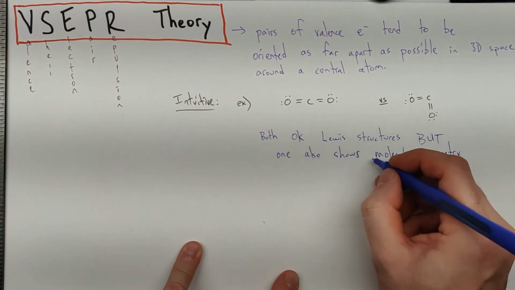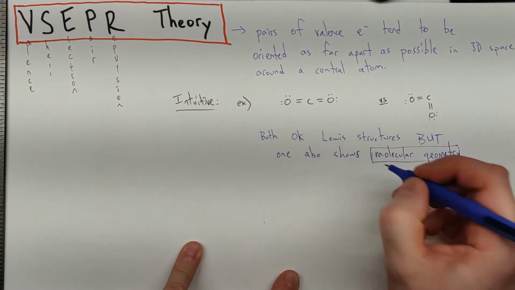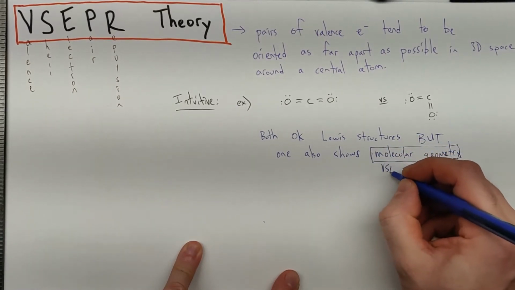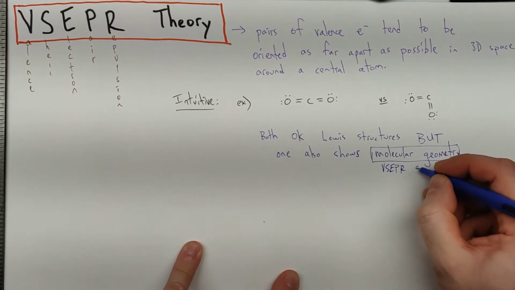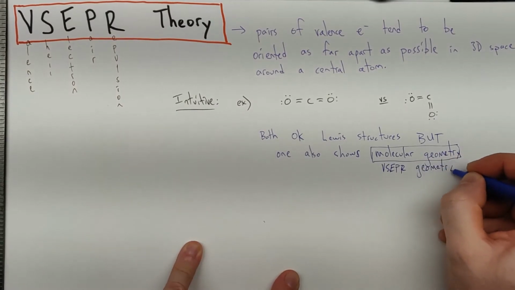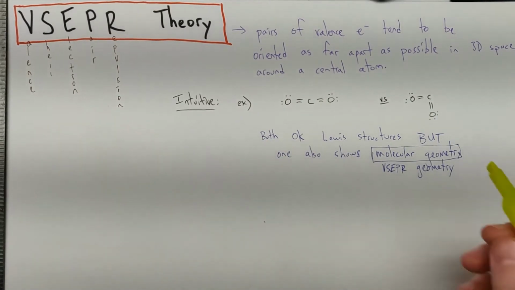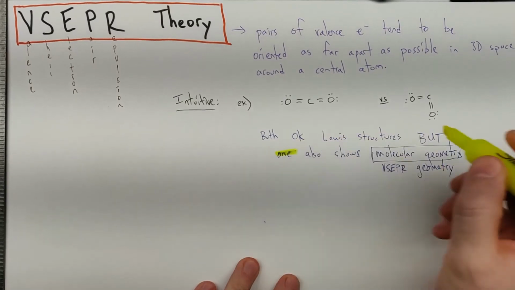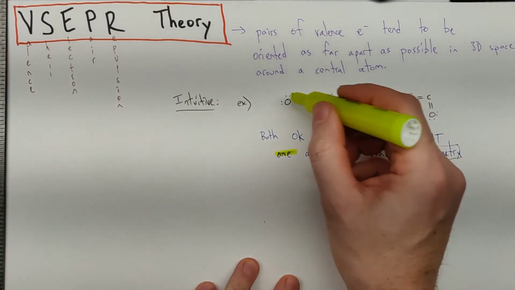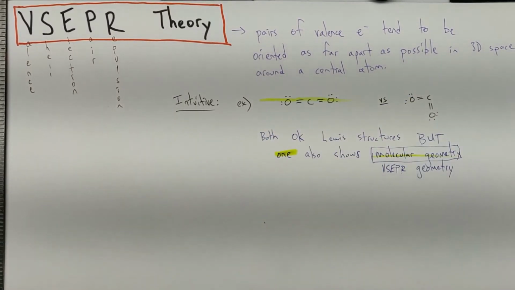And when we say molecular geometry, sometimes people will refer to it as VSEPR geometry. That is our topic of interest here, and the one that shows the molecular geometry is this one right here. It's a straight line.